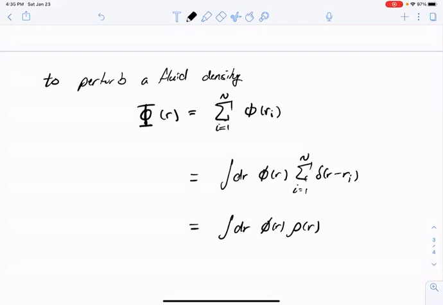So any external potential that acts on single particles, like gravity or some optical tweezer that's just applying forces individually to each particle, it doesn't matter where particles are relative to each other, can be written then as linear in the density. In this case, an integral over the density weighted by that function.